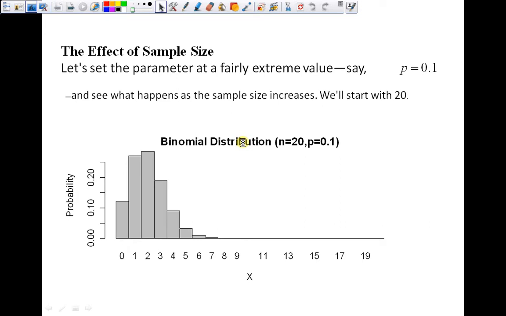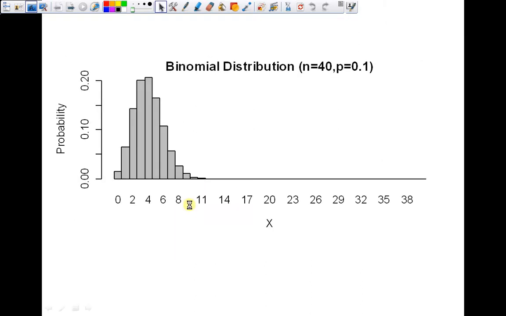Now we're going to look at what happens when N gets larger. Since we're going to set the parameter at a fairly extreme value, P is going to be 0.1 for us, so a 10% chance of success. We're going to see what happens when N increases. When we went to N equals 20, we're still right skewed, perhaps less right skewed than it was when N equals 10. Notice here we have an extreme value of P equals 0.1.